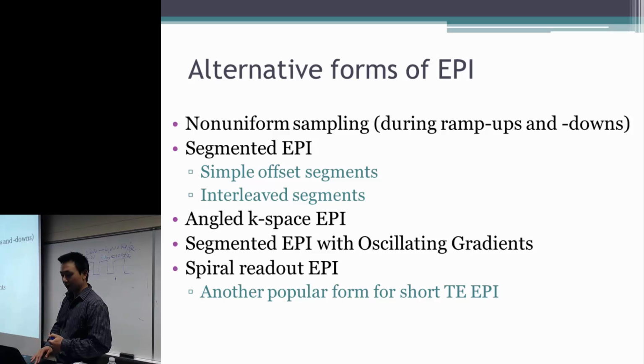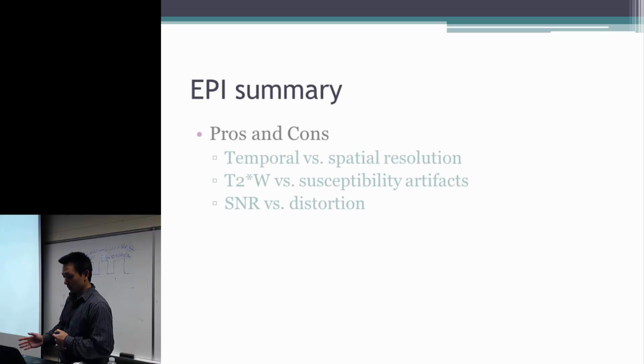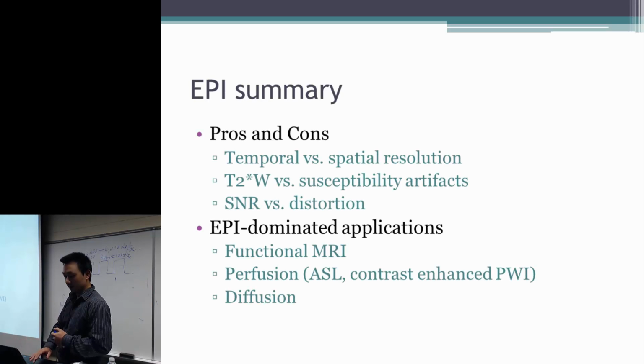And there is also angled k-space based EPI, segmented EPI with oscillating gradients, and spiral readout EPI. The spiral readout EPI is another more popular form of non-Cartesian EPI, as we can see a little bit later. So a quick summary of EPI.